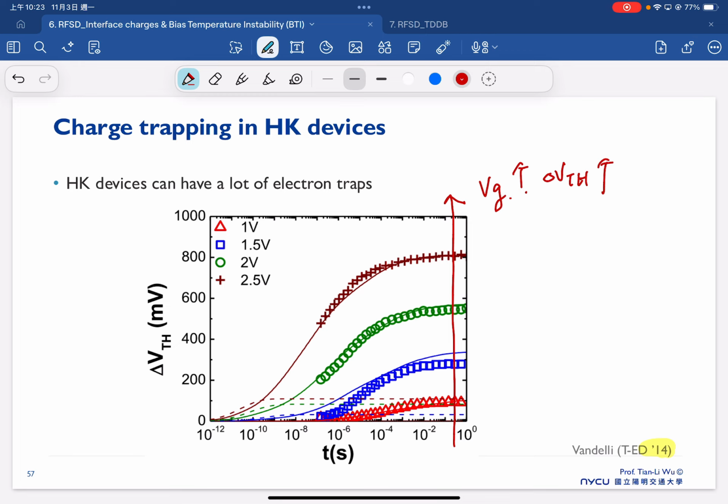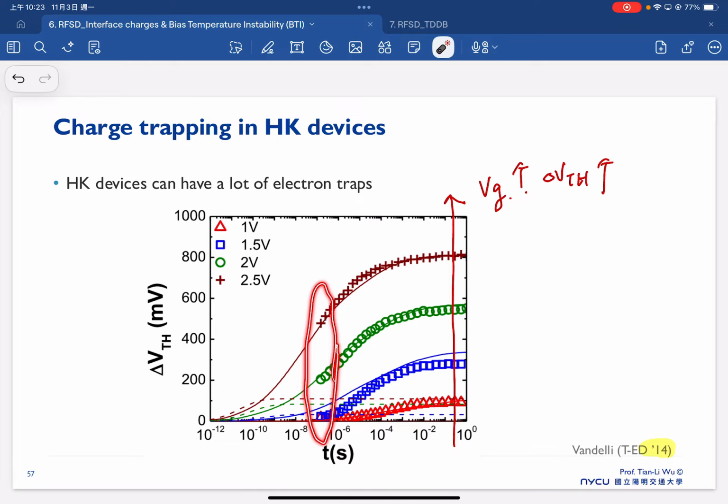And you can also see that this kind of trapping happens so fast. This measurement capability goes down to 10 to the minus 7 seconds, which is around 0.1 microsecond. So in the case of 0.1 microsecond, we already see the trapping effect.